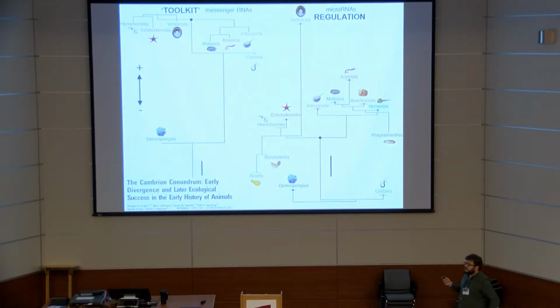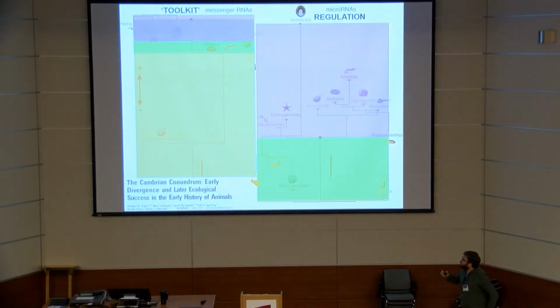So in 2011, Irwin and colleagues provided this compilation of the toolkit of messenger RNAs across animals compared with microRNAs that are involved in regulation. If we compare when during the evolution of animals these different molecules were acquired, if we look at the messenger RNAs, they were acquired mostly prior to the split between bilaterians and cnidarians.